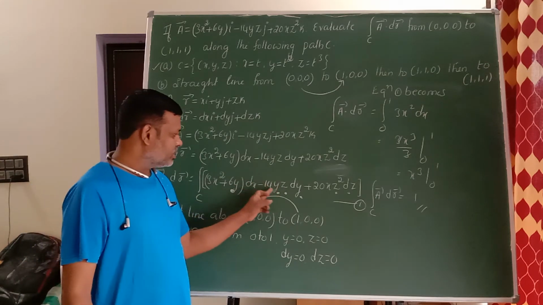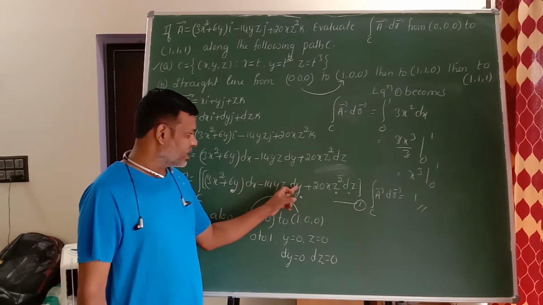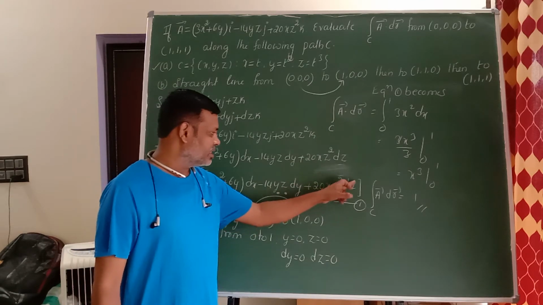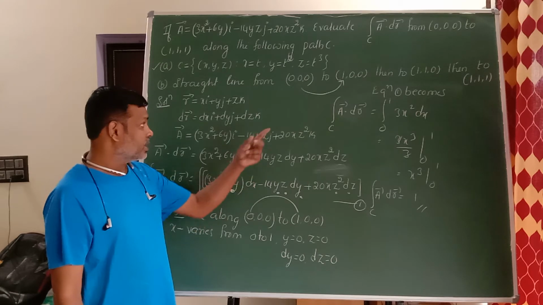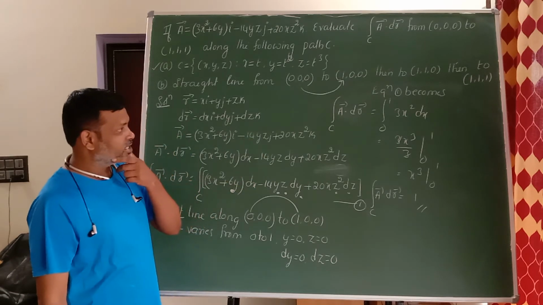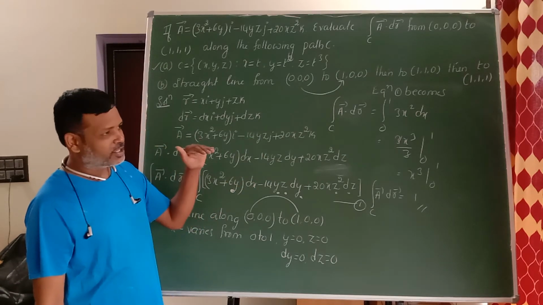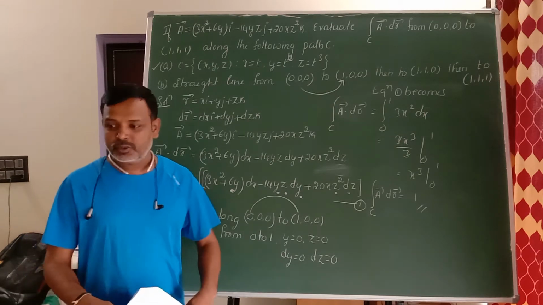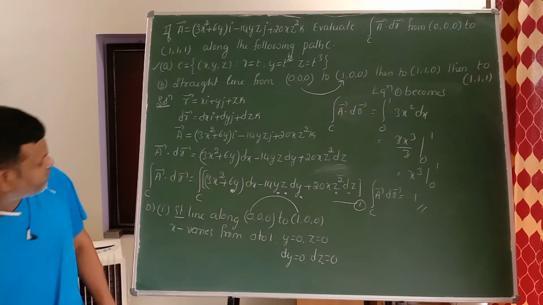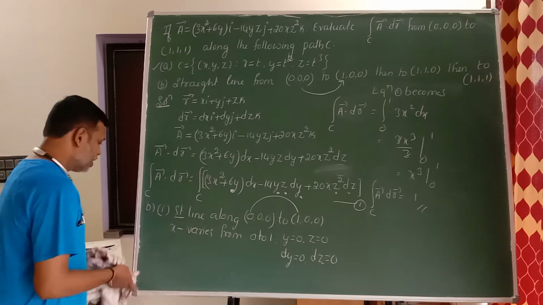When y becomes 0, this entire quantity is 0. dy is also 0. Here z is 0, dz is 0, so the entire quantity becomes 0. Rest of the thing is 3x square into dx. If you integrate that, 3x cube by 3, the 3 cancels, x cube. Apply the upper limit and lower limit, and you will get 1. This first condition is already over.